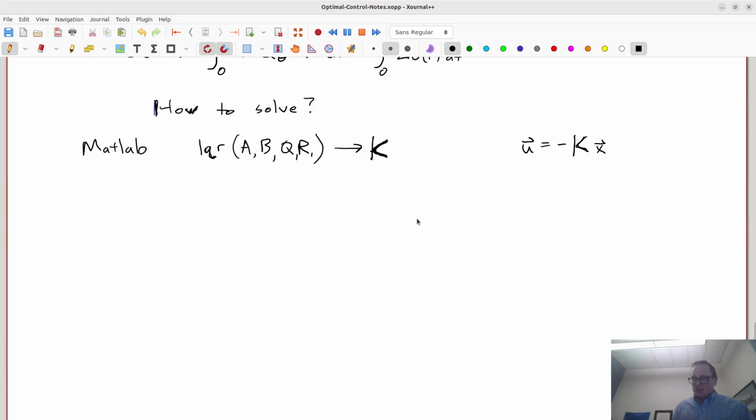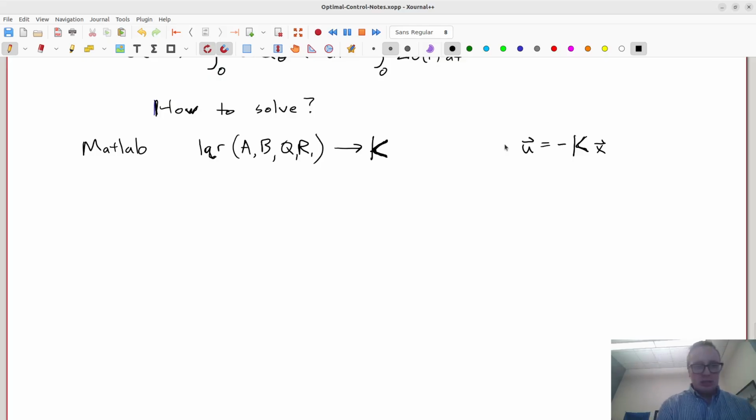The rest of this lecture, I'm going to talk about why LQR results in this linear optimal control, that the control input that is optimal is just a linear function, negative K times the state. If you go to grad school, you'll realize how remarkable that is. Probably seems normal now, but it is really cool.